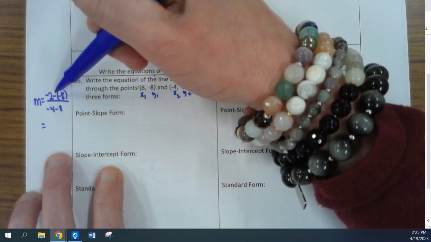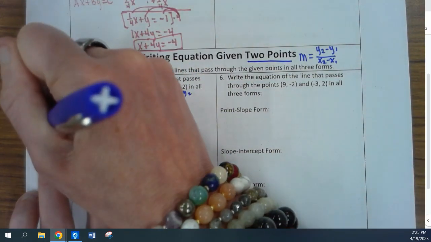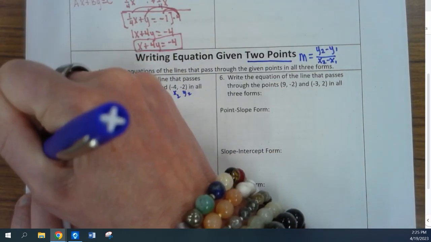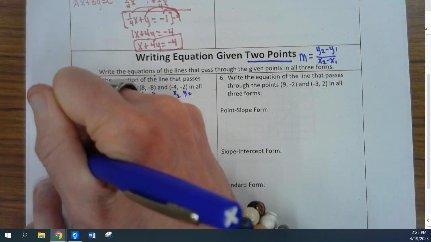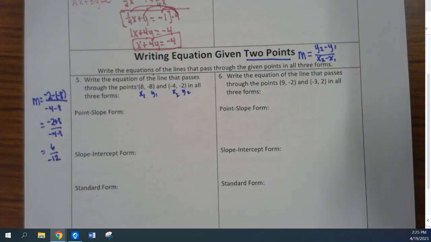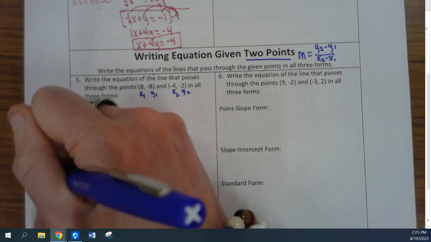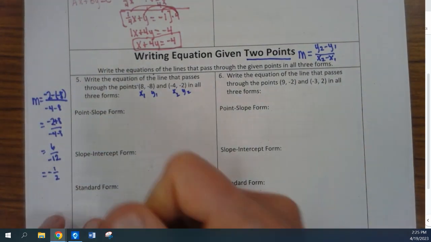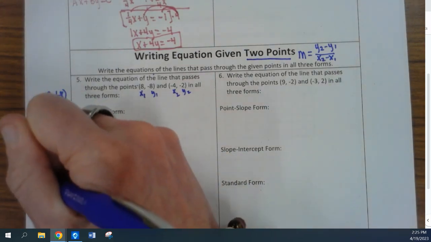That's the same as -2 plus 8. And -2 plus 8 is 6, and then -4 minus 8 is -12, and that fraction can be reduced to -1/2.